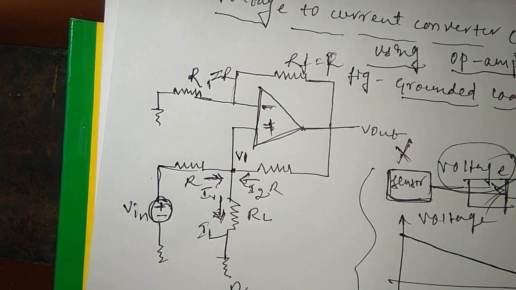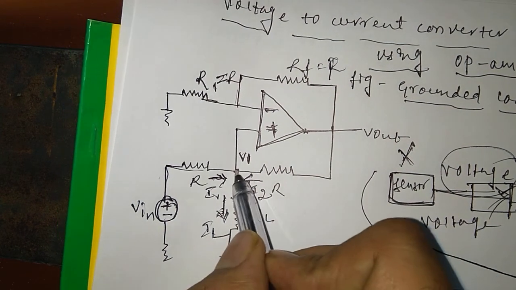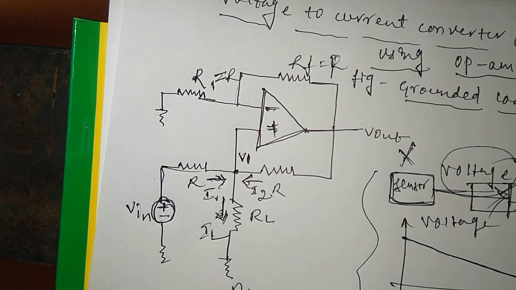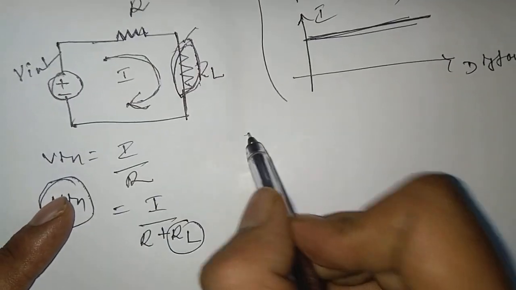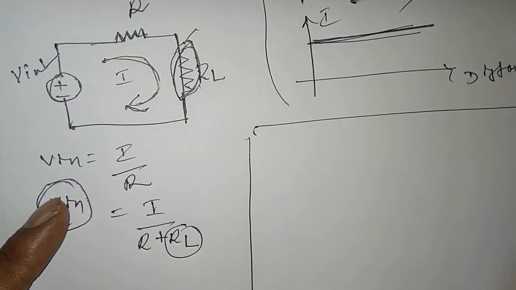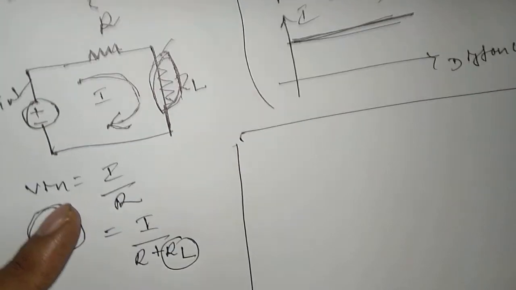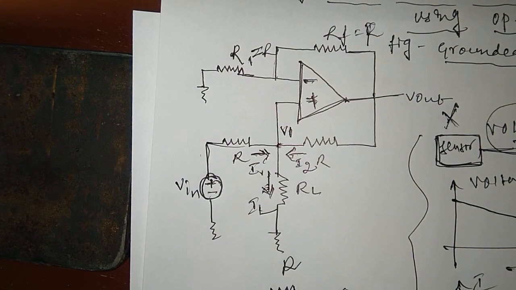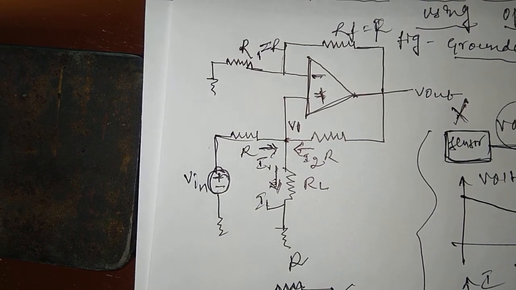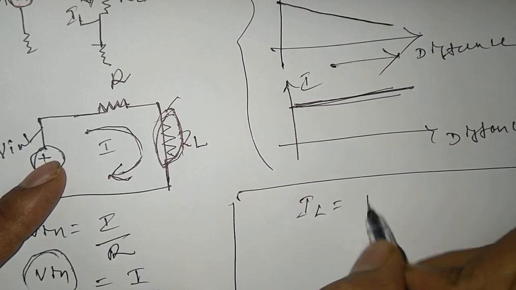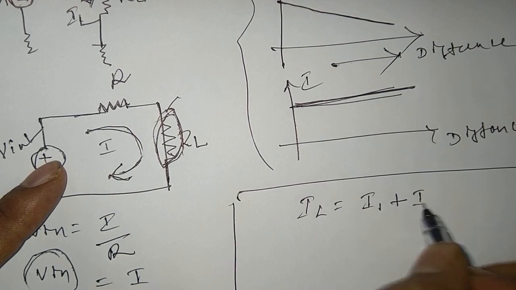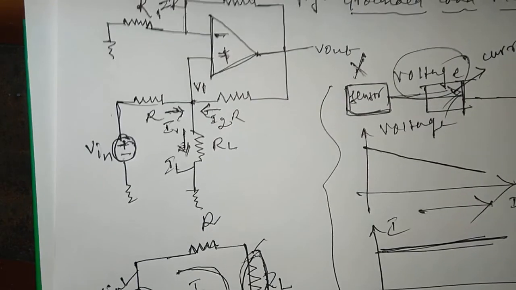Okay. So now if I apply KCL at this point, try to understand. Here I am going to solve it. This is important. Look at the diagram. If I apply KCL, what will be the equation? IL is equal to I1 plus I2. Agree? Now what is I1 and what is I2?